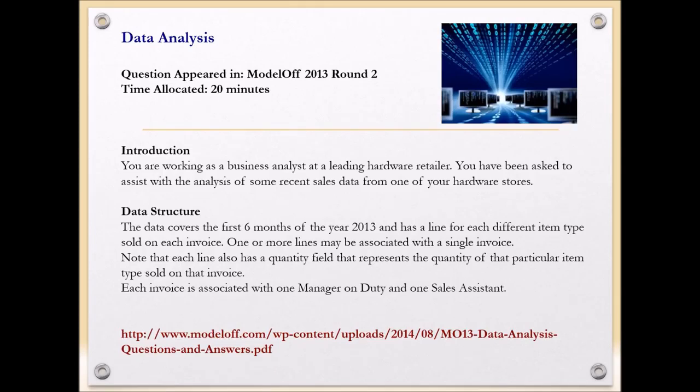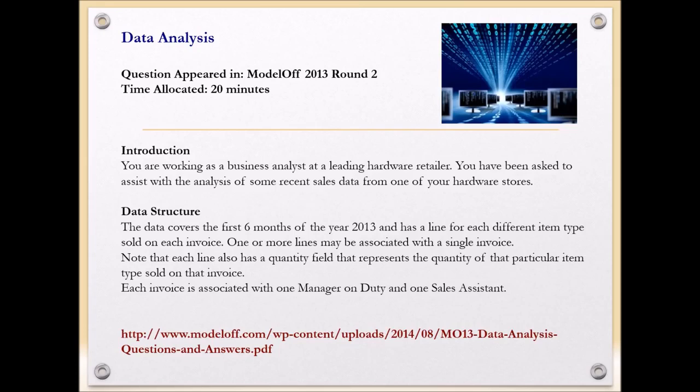As part of this problem, let's imagine us working as a data analyst for a leading hardware retailer. We were asked to analyze recent sales data for one of our locations. The data presented covers the first 6 months of 2013 and has a line for each different item type sold on each invoice.